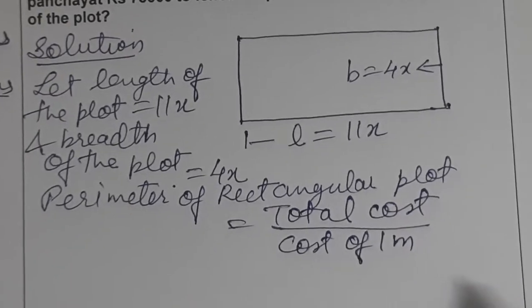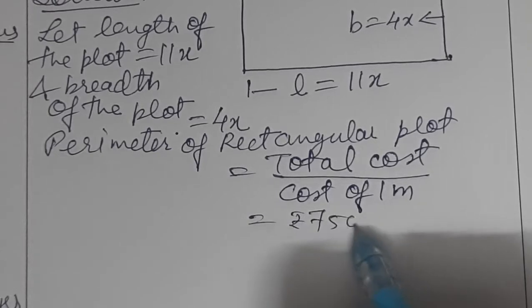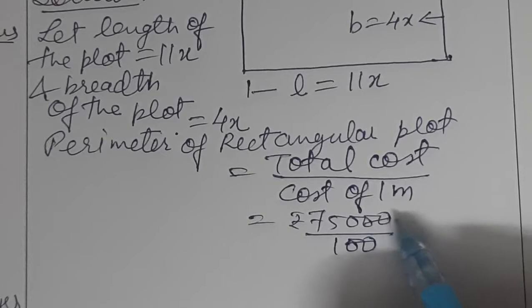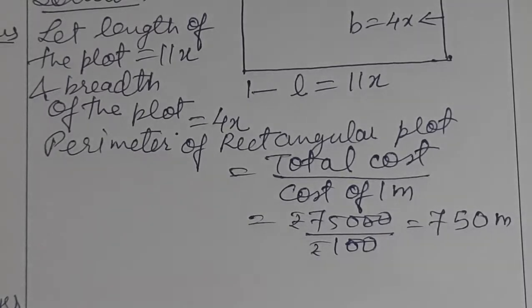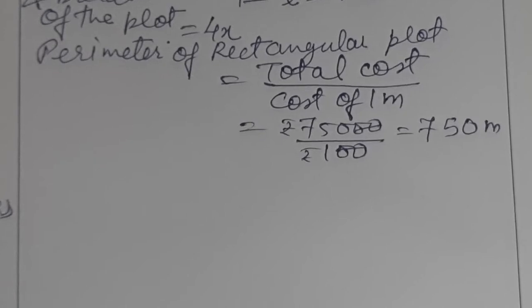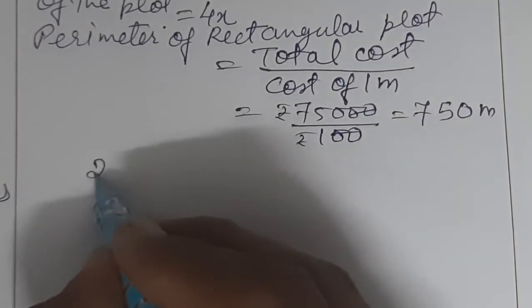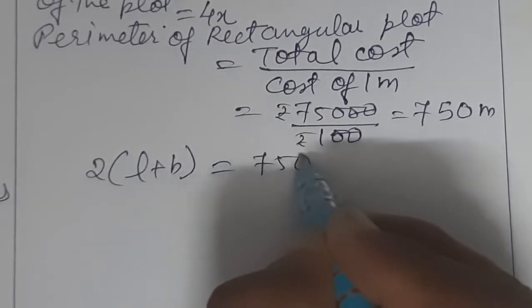Total cost 75,000 that is given to us, and cost of 1 meter 100 rupees, cut the zeros. So 750 meter is the perimeter of rectangular plot. And we know what is the perimeter formula for rectangular plot, children? Perimeter of rectangular plot 2 into (L plus B) equals 750 meter.